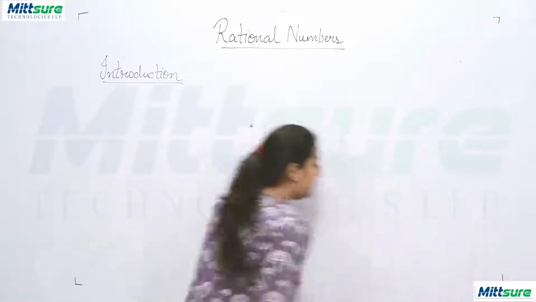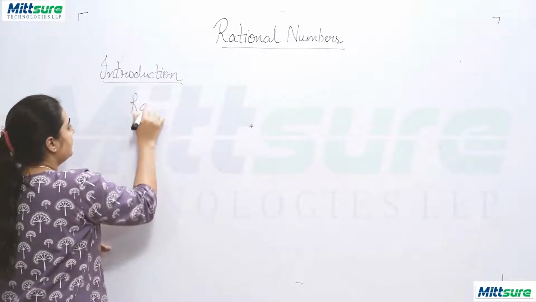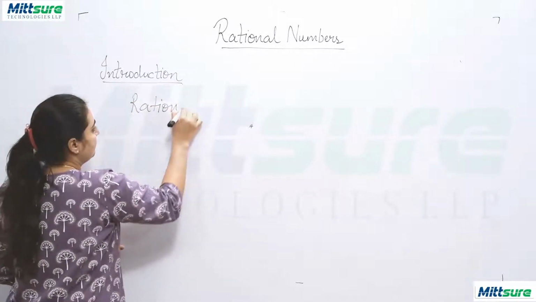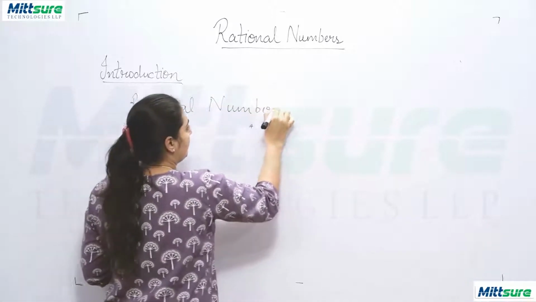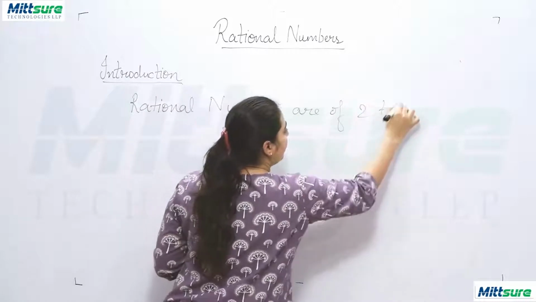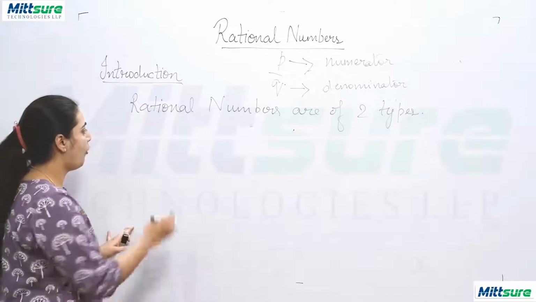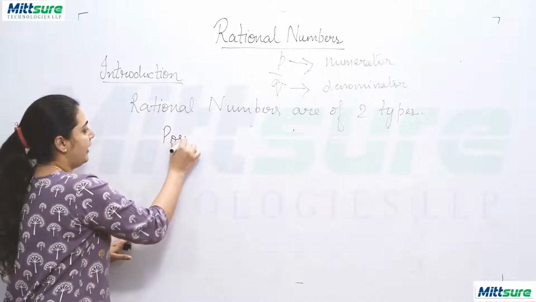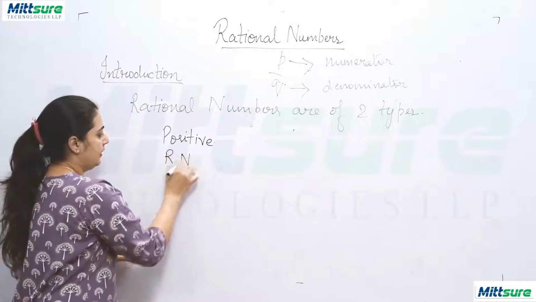Now we'll come to two types of rational numbers. Rational numbers are of two types, right? Let's take some examples of positive and negative rational numbers.